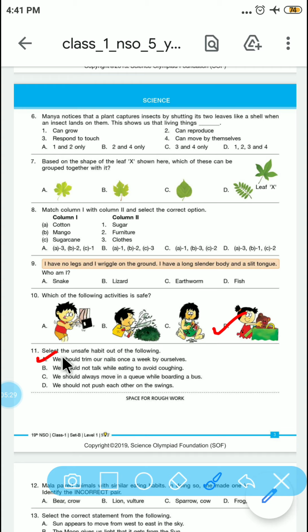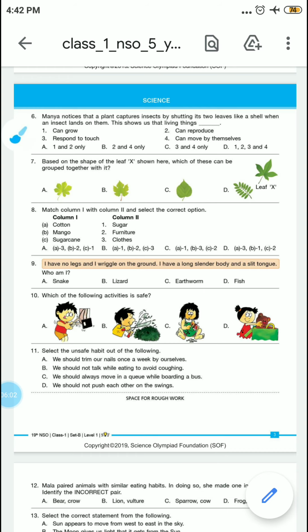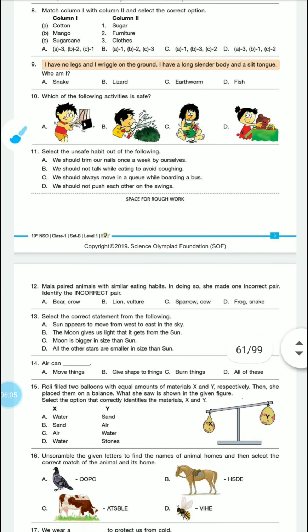Like it is the unsafe one because the kids like you guys don't have a proper knowledge of trimming, and if we trim our nails without the proper consideration of elders, there are possibilities of consequences. We shouldn't walk and talk eating to avoid coughing. It is good. So rest of the options are good, but the only option which doesn't rely upon the given condition is option A. Okay.